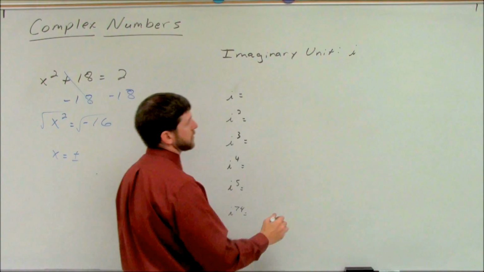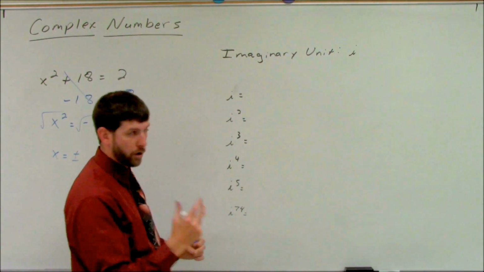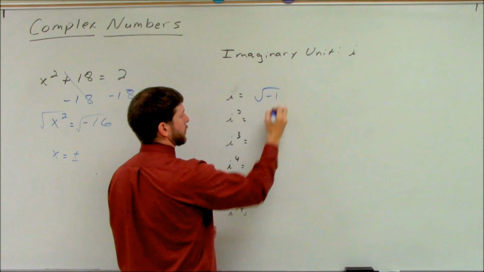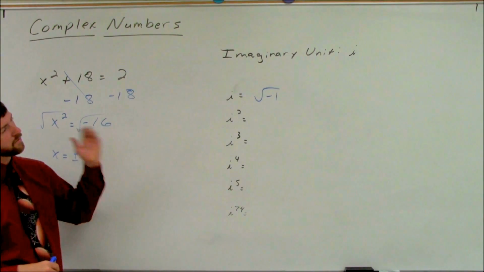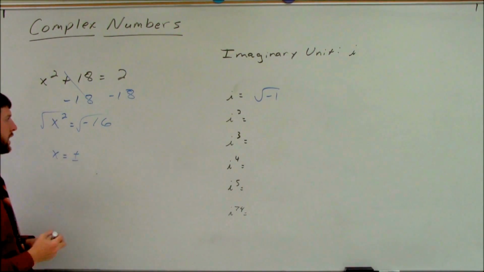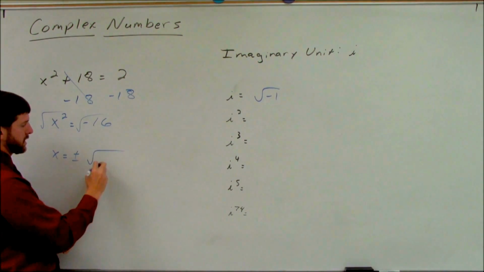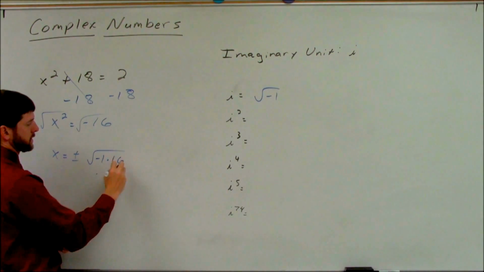And the imaginary unit, which we call i, that's just a little italicized i, or cursive i is what I'll always write. And that i is equal to the square root of negative 1. So he said, instead of stopping and saying, well, I can't go any further, I could look at it as any other radical. 16, or negative 16, is negative 1 times 16.